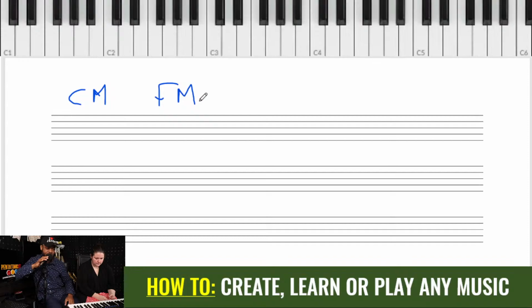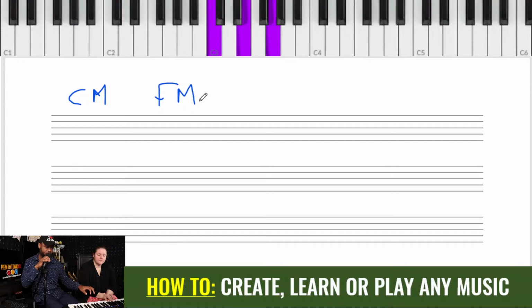So in this case, play C again. Keep holding that. What happens when we take this C and put it up here? So do that. So you see now, that's a better inversion if we're going to connect that to the F.